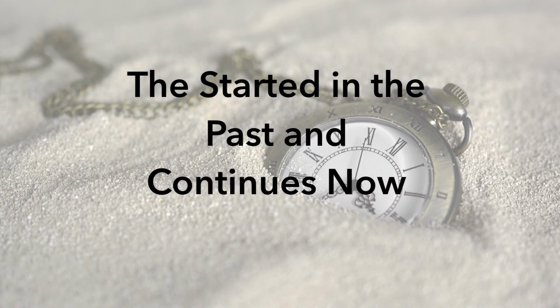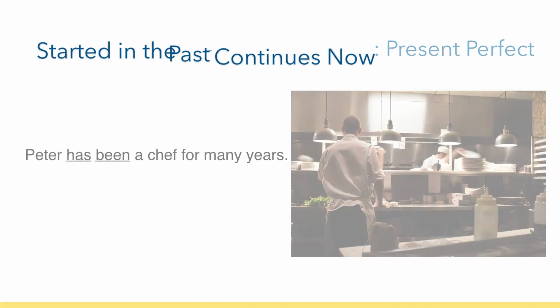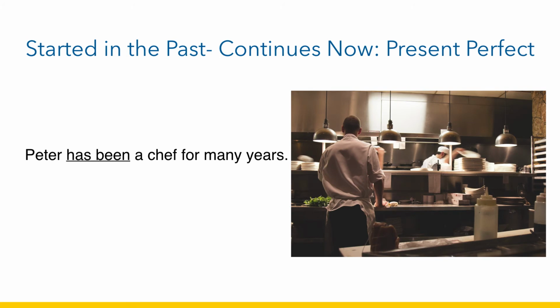To talk about a situation that started in the past and continues now, we can also use the present perfect. For example, Peter has been a chef for many years. When we use the present perfect to talk about a situation that started in the past and continues now, it is usually with verbs of state, non-action verbs, like be, as you see here.